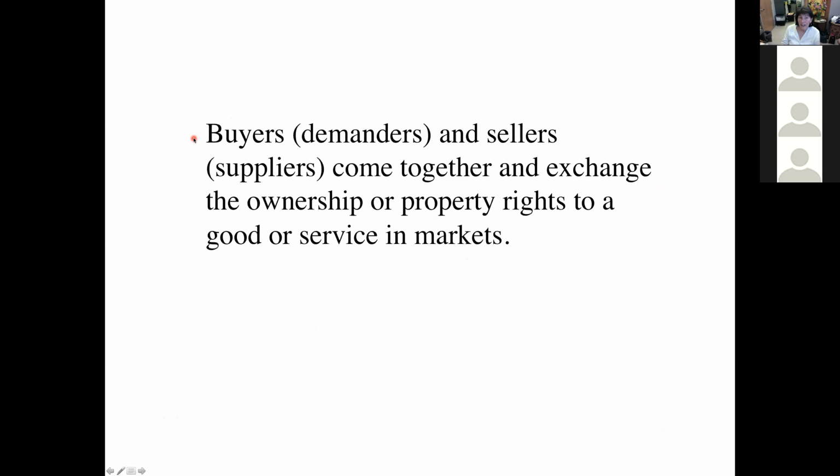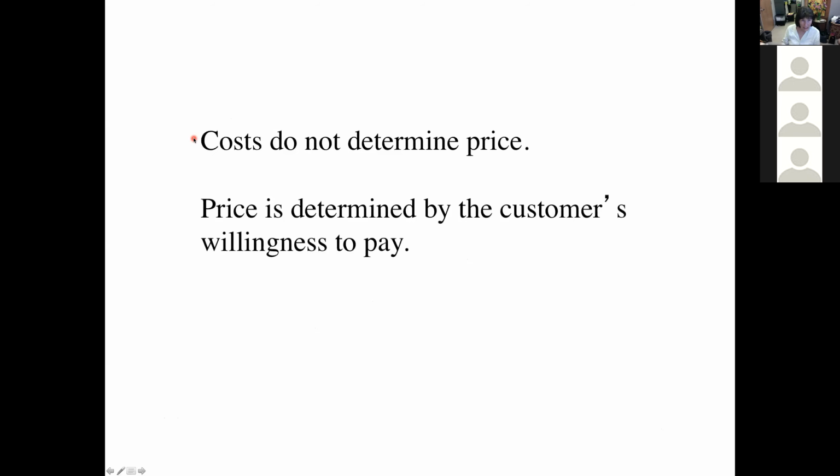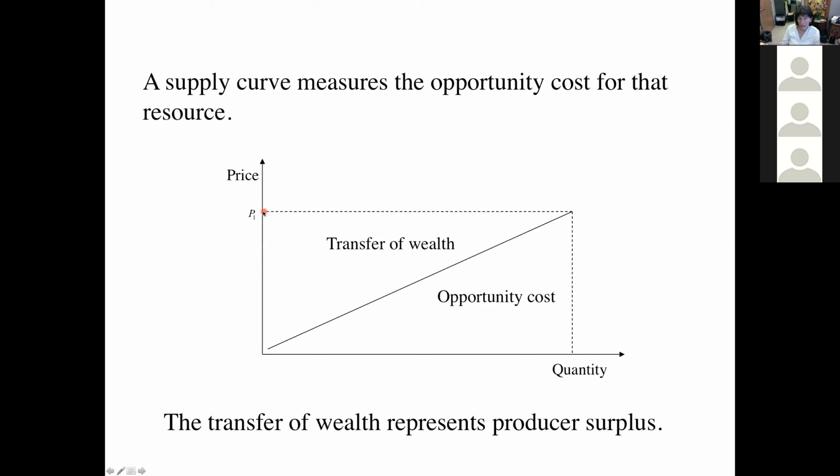Also, let me just say that, oh, gosh, I cannot hit that button. Okay. Costs do not determine price necessarily. Right here, I just gave you a price. That's really a function of consumers coming into the picture. So we got a price up here, but the costs are here. They're not directly related.